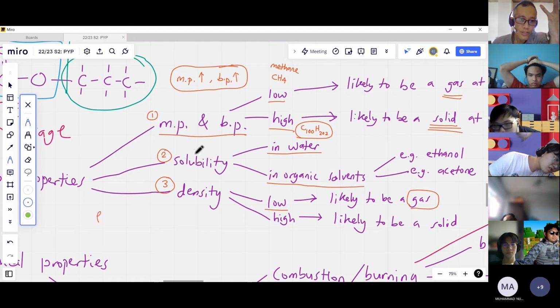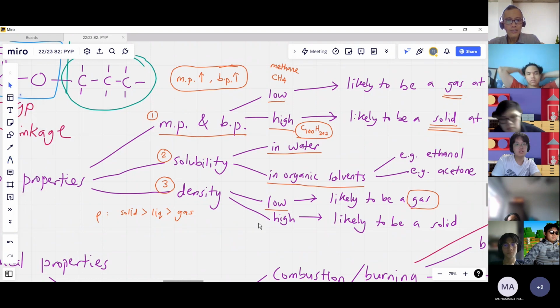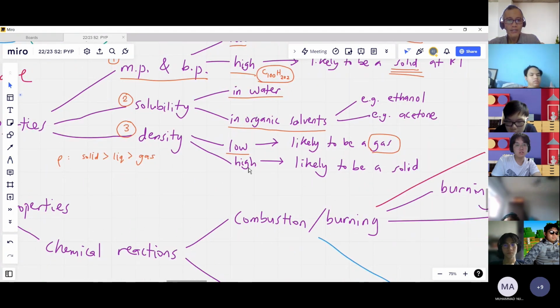In terms of density, obviously, the highest will be a solid, relative to a liquid. And of course, a gas will have the lowest density. So something with high density is likely to be a solid. Okay, so yeah, that is something you should have learned long ago.